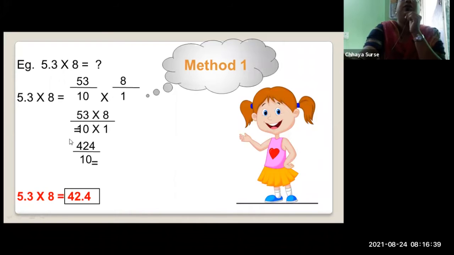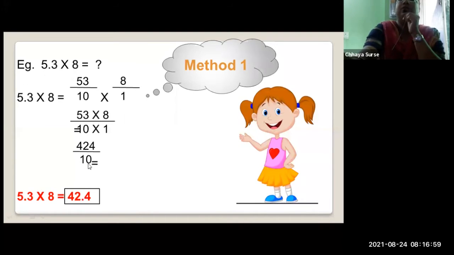Now which type of fraction have we got? 424 upon 10. Is it a common fraction? Yes, this is a common fraction. Now we convert it into a decimal fraction.